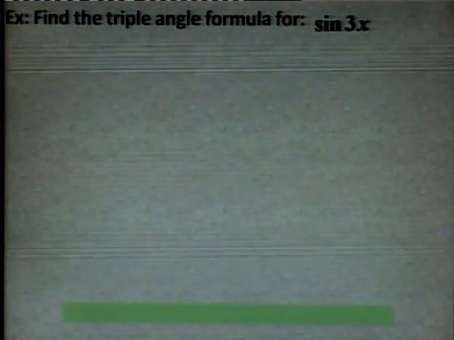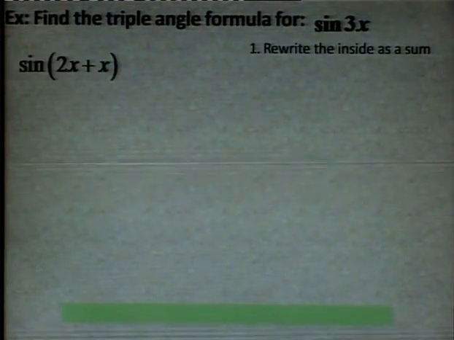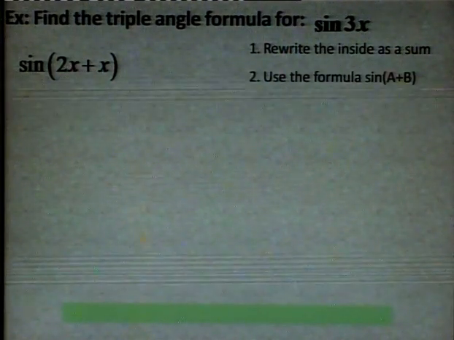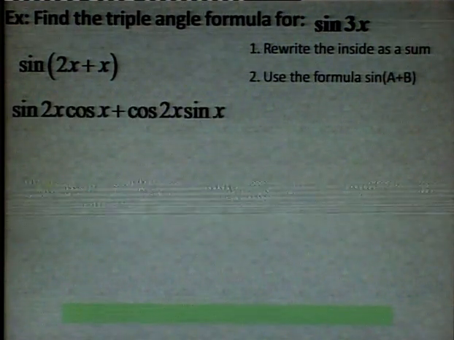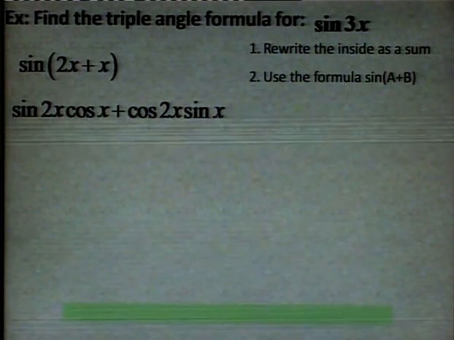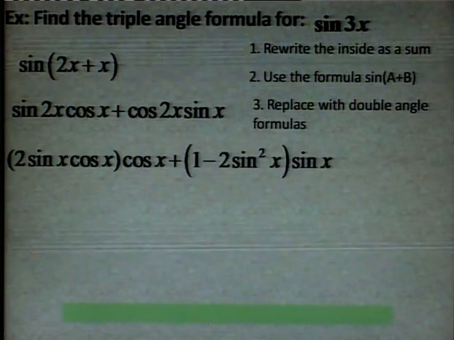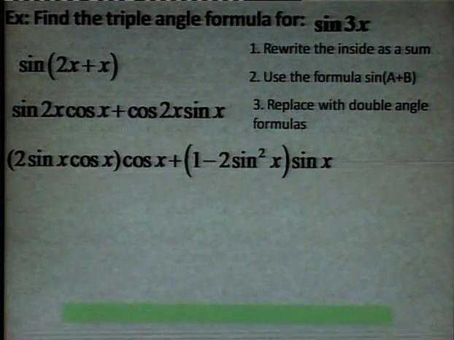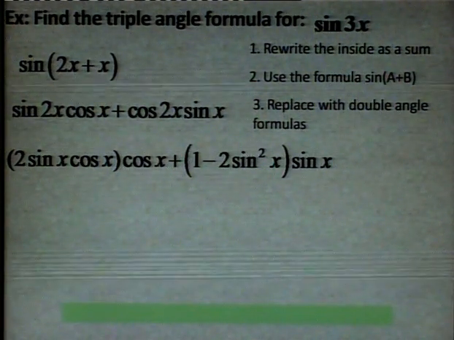Then finally, this is a simple exercise for you, because you use here the formula for 2x plus x, and once again I have given the hint, use the formula of sin a plus b. So this is sin a cos b plus cos a sin b, namely sin 2x cos x plus cos 2x sin x. Write down the expression for sin 2x, that is 2 sin x cos x into cos x, plus 1 minus 2 sin square x into sin x. I have taken the expression cos 2x as 1 minus 2 sin square x.